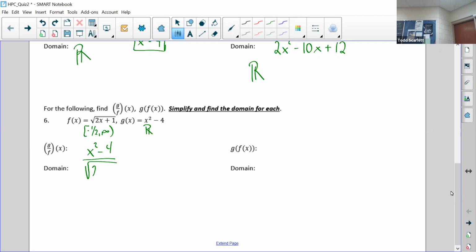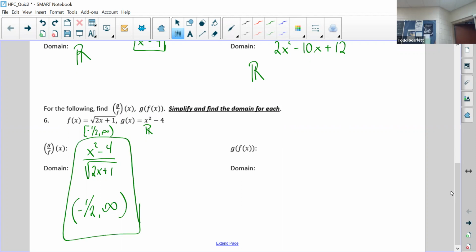F is this. So the domain would be everything from -1/2 to infinity. But x can't be -1/2, because if x is -1/2, then you're dividing by 0. So this has to change to that.